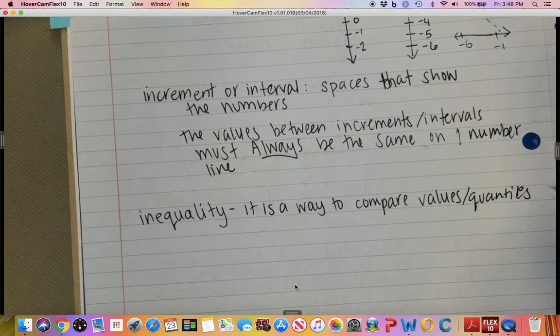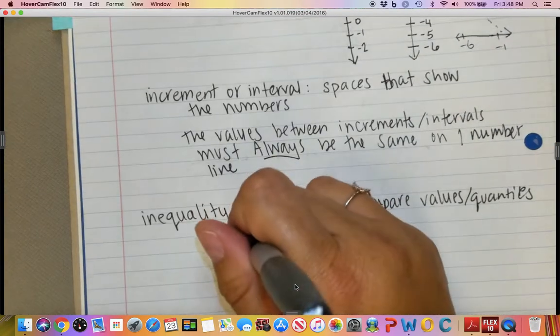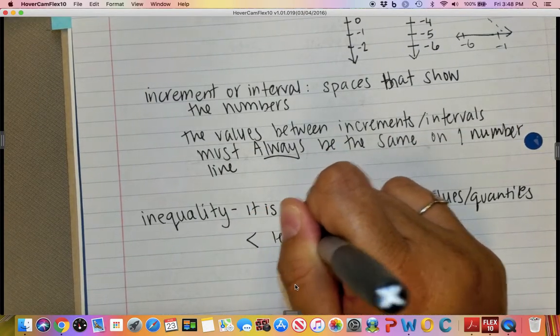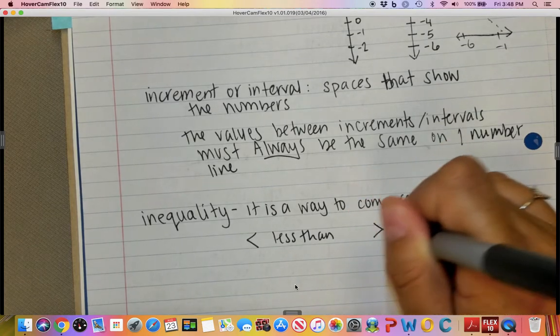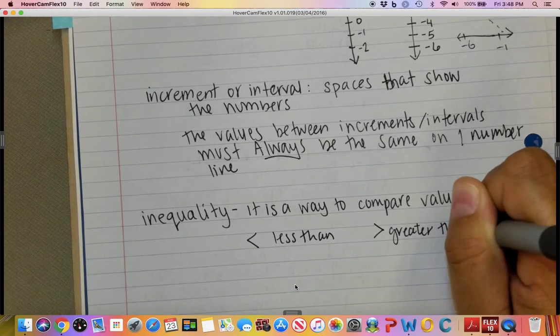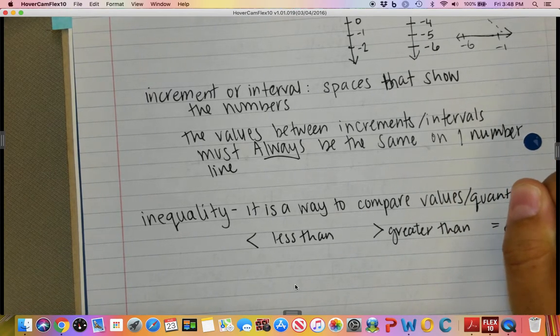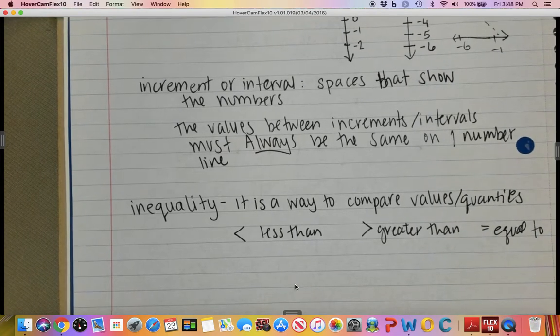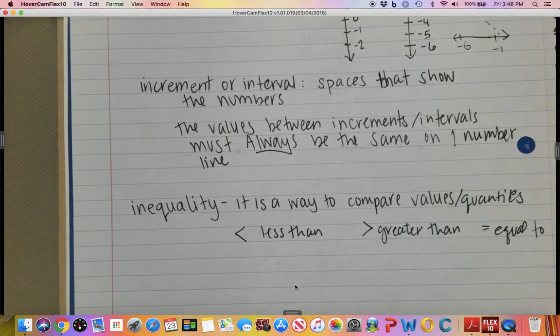And you've seen them. This is less than. This is greater than. This is equal to. There are a couple others, but we're not going to go over those till later.